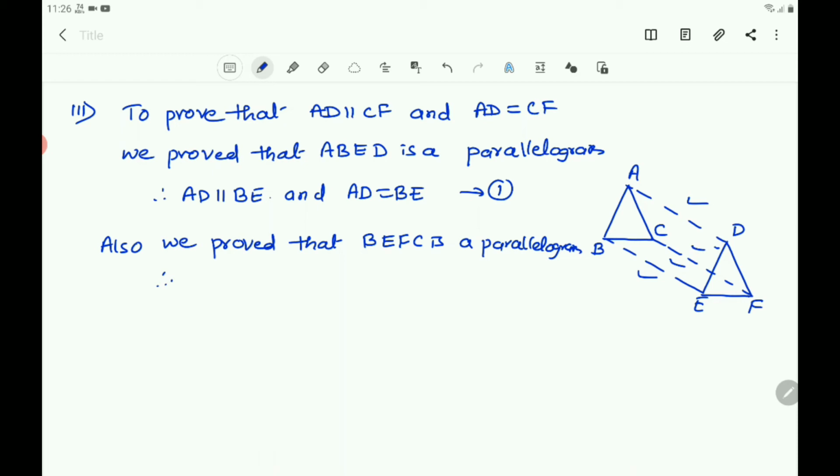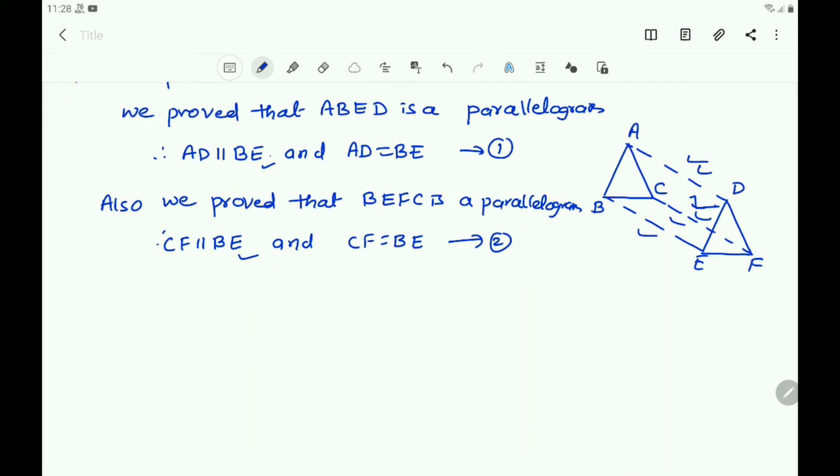Therefore, you can write CF is parallel to BE and CF equals BE. Consider this as the second.